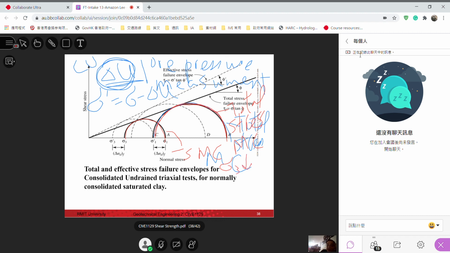And then the second time we increase the sigma 3, the confining stress, and we take another soil sample.